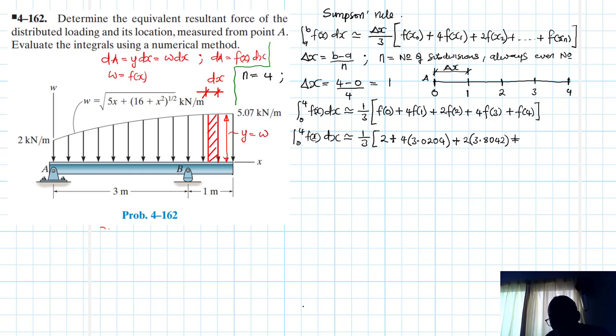And then we have another plus 4: 16 plus 9, root of that, plus 5 by 3, root of that. So we have 4.472.